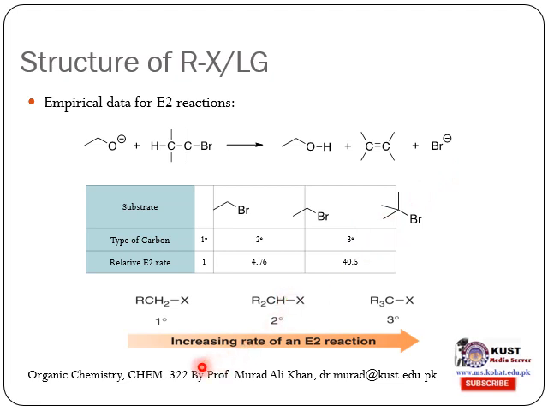So the rate of elimination is most for tertiary, then medium for the secondary, and lesser for the primary halides.